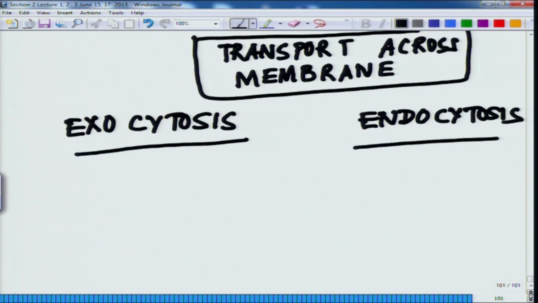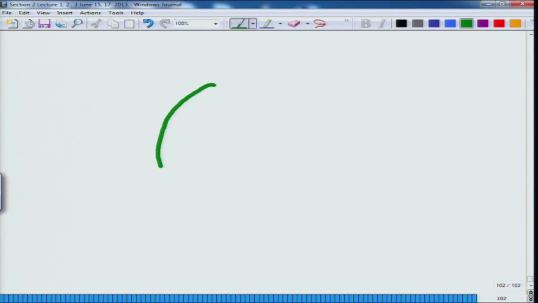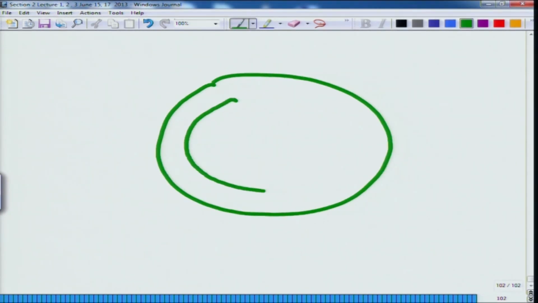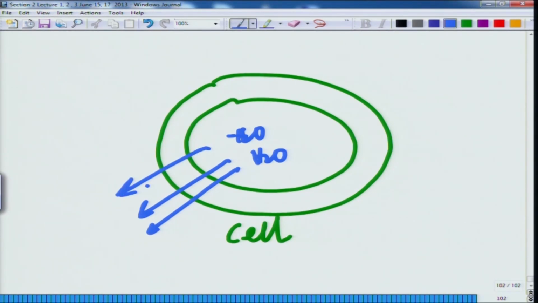Exocytosis, exo as the name indicates, exo means you are throwing out something outside the cell. Say for example, this is a cell and it has excess water, a lot of water molecules. So, it has to throw away these water molecules.